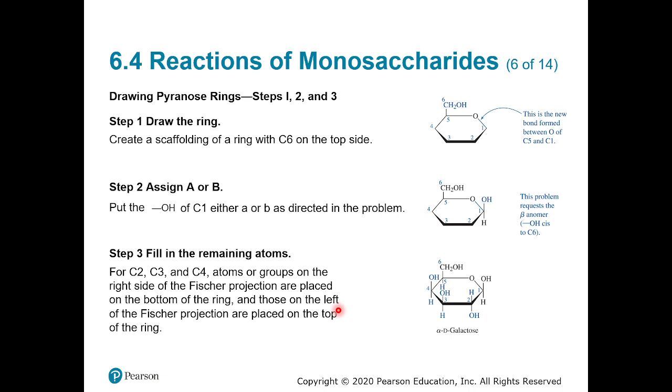Let's go ahead and look at drawing these. So the first thing you want to do is create a scaffold of your ring. So you want to draw a 6-membered ring with one corner of it, the furthest to the right, so back and right, being the oxygen. Okay. This right here is going to be that ring closing OH.